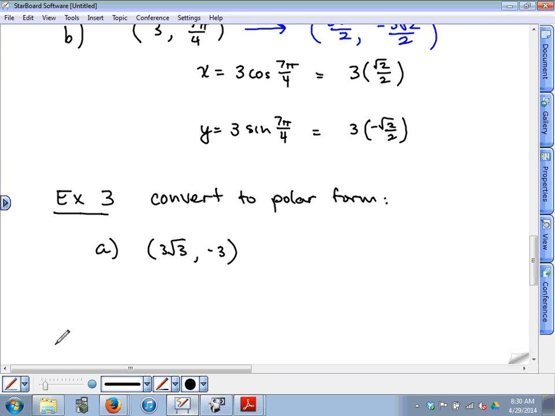So there is a point that's in rectangular form.